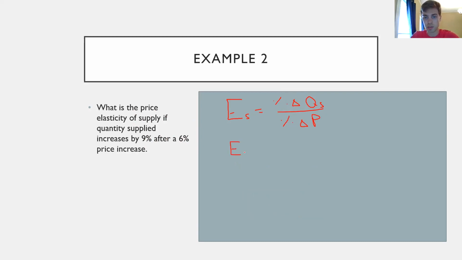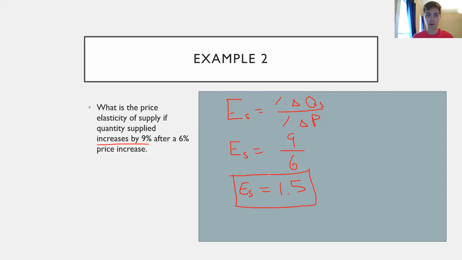So elasticity of supply is equal to the 9% increase in quantity supplied, so 9 on top, divided by the 6% price increase, so 6. 9 over 6 is 1.5, so our elasticity of supply is equal to 1.5.